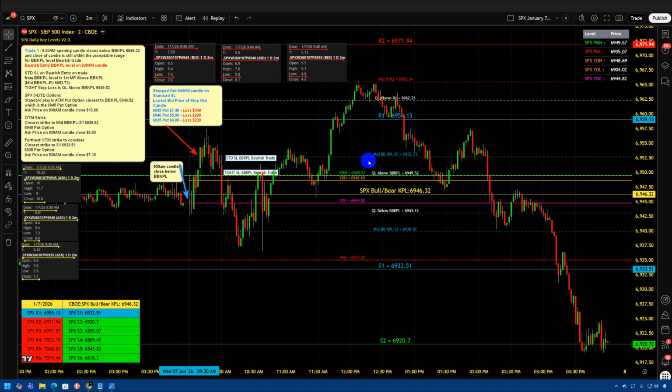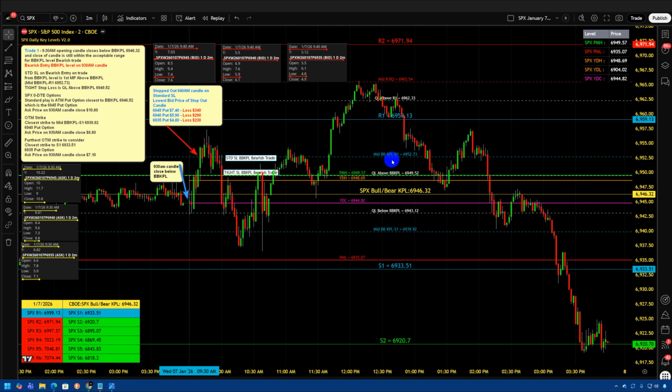Now, as far as the stop losses on this trade, the trade is off the bull bear key price level. It's a bearish trade. So we look above for our stop loss levels. The QL above is your tight stop loss on a bearish trade from the bull bear KPL, and the first midpoint level above the bull bear KPL is going to be your standard stop loss.